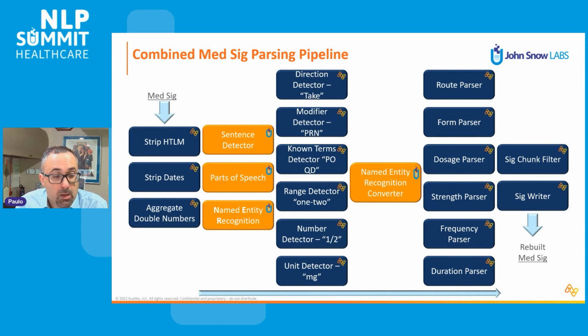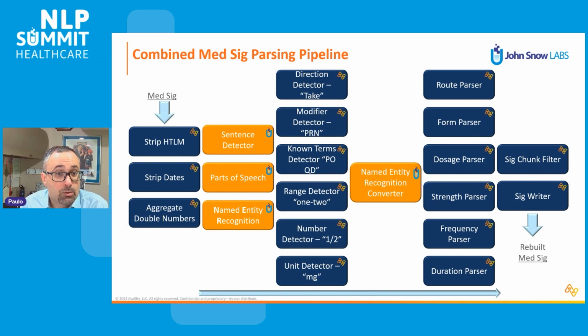So you can see we will strip the HTML, strip the dates, and aggregate double numbers when there are double numbers in the prescription, in the SIG. We'll send that through the Spark NLP sentence detector, identify the parts of speech, which you saw on the previous slide, perform named entity recognition, and then take that over into our detector to find things like direction, any modifiers, in this case PRN or as needed.